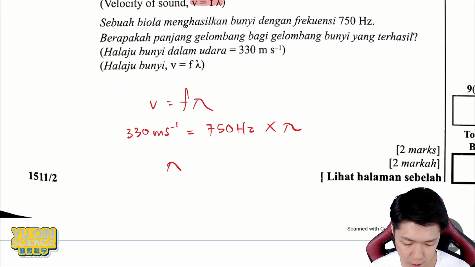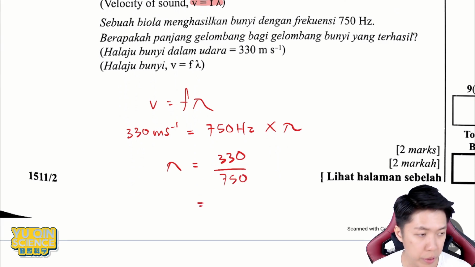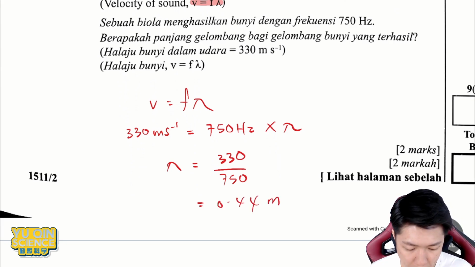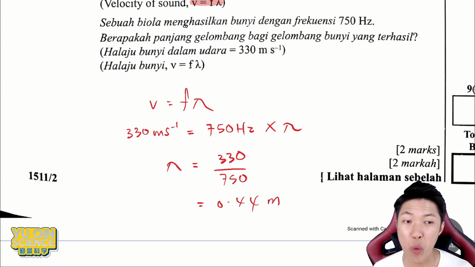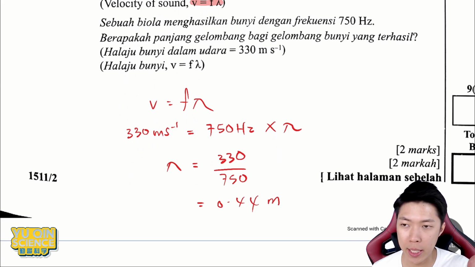Simple maths, 330 over 750. Okay, calculator. So I follow the answer we have: 0.44 meter. Meter is your unit for wavelength. Okay, 0.44 meter, no problem.